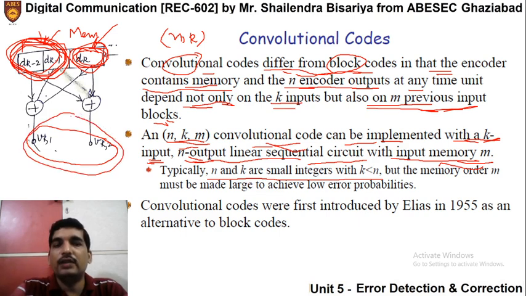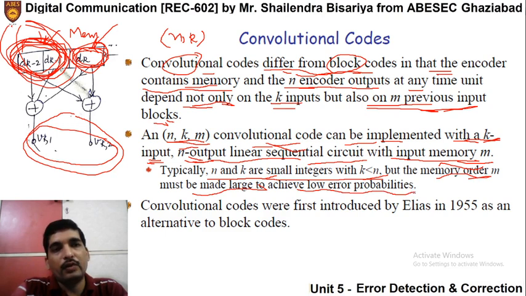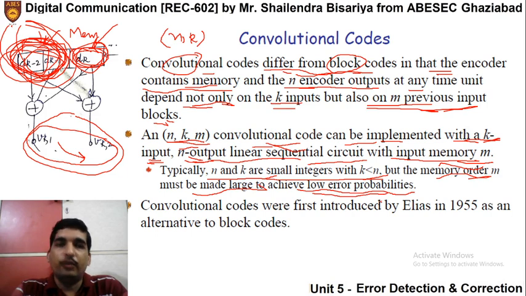So generally n and k are small integers with k less than n, but the memory order m must be made large. Why must this memory element be made large? To achieve low error probabilities. The larger the memory element, the code generated will be more resistive against the noise. So, to achieve low error probabilities.